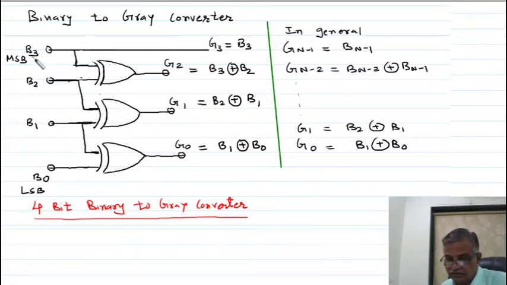This is a 4-bit operation I have written. G3 is B3. G2 is the exclusive OR of B3, B2. For G1, B2, B1. For G0, it is B1, B0.